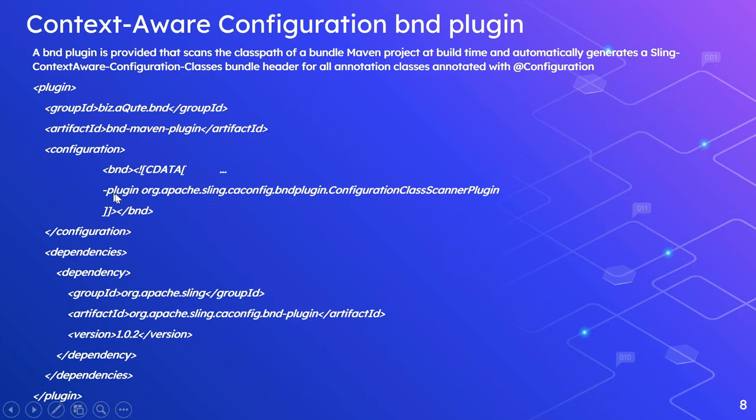If you see here, the plugin is using the configuration class scanner. What it will do is scan through the bundle, find all the classes annotated with that configuration, and generate a Sling context aware configuration class bundle header with all those class names. So you don't have to do anything manually.